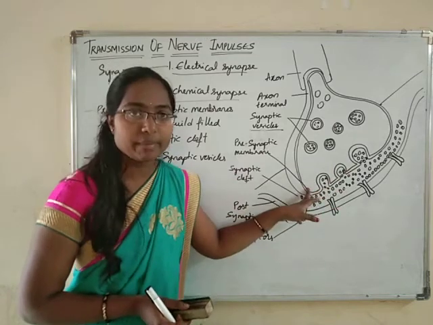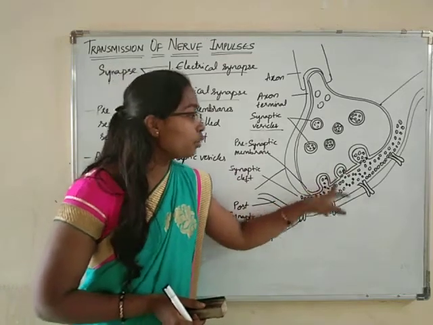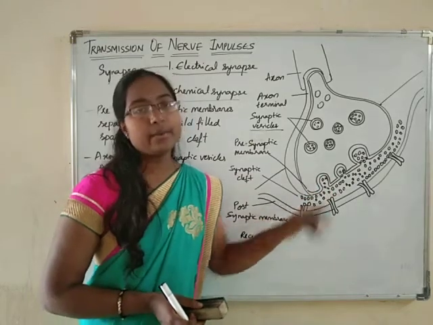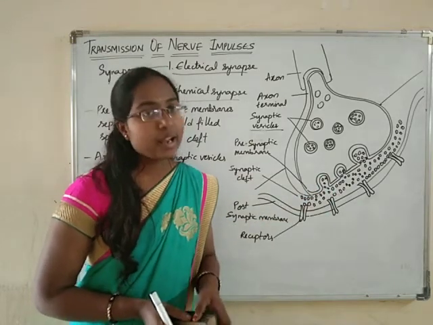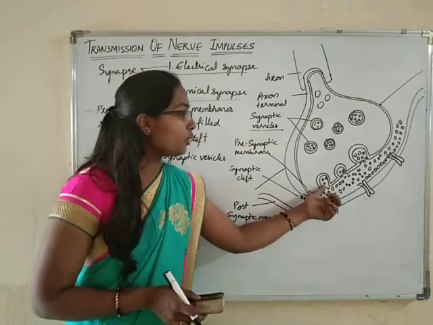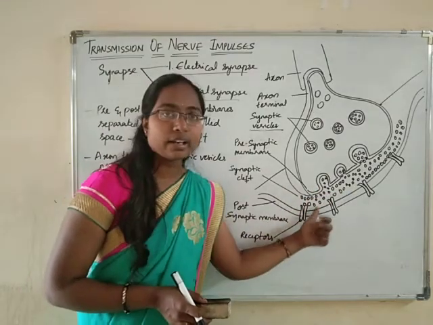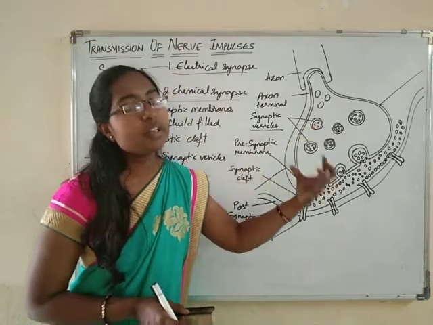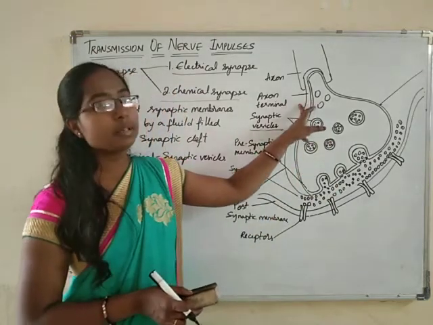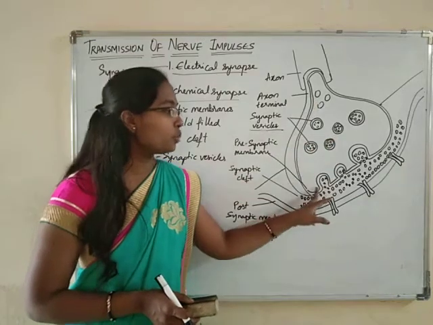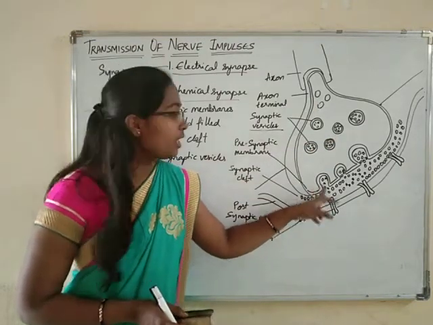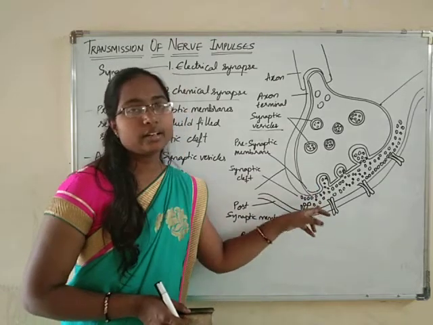They fuse with the presynaptic membrane and release the neurotransmitters into the synaptic cleft. You can observe the synaptic vesicles moving towards the presynaptic membrane and releasing their secretions into the synaptic cleft.